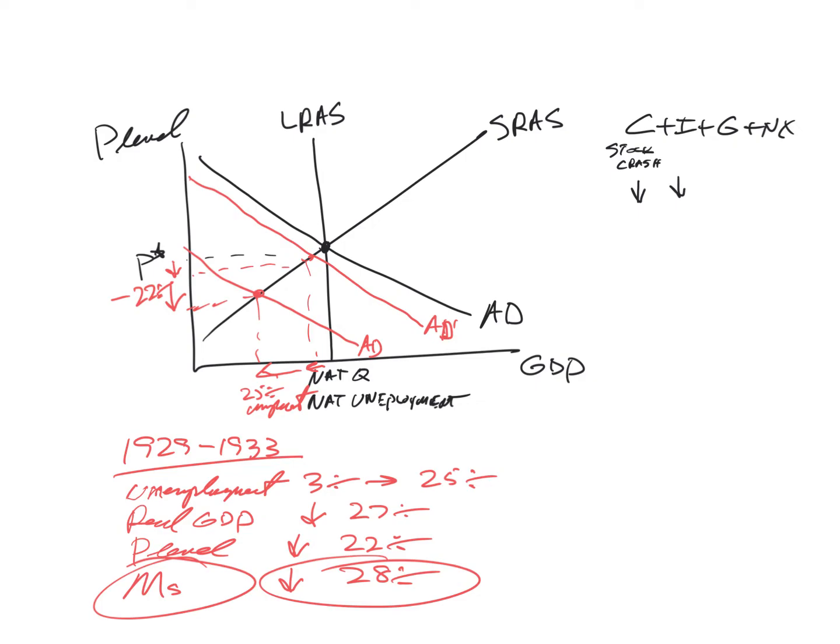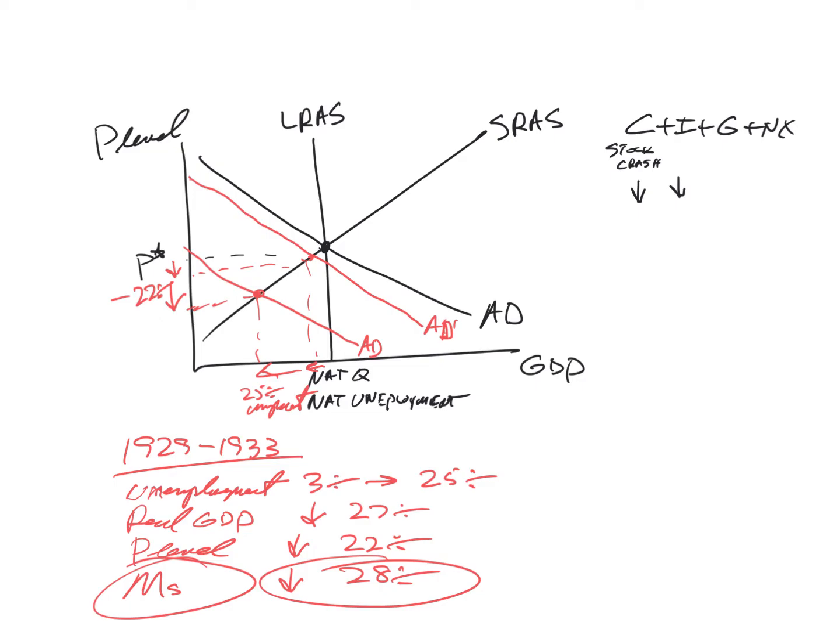Now, the belief at the time was that this would ultimately correct itself. And that is true. It ultimately would have, because with this price decline of 22%, deflation, inflationary expectations would fall.